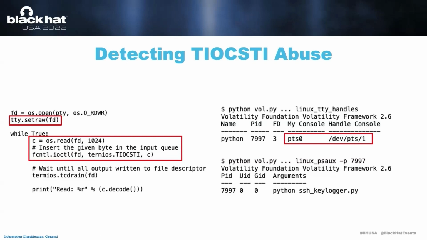So again, we wanted to be able to detect this in an automated fashion. So we wrote a plugin called Linux TTY handles. And what we're seeing here is, like I said, our proof of concept in Python. So we're catching the Python process that's doing this, and the way our detection works, and you'll see it if you read the plugin source code, is we look at the console that our process was spawned on, so which user it was spawned for, and then we see if it has an open handle to another process.